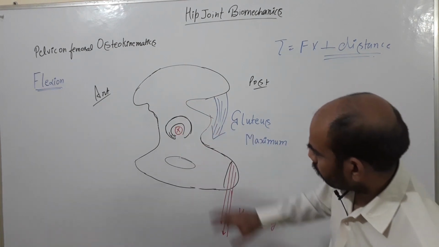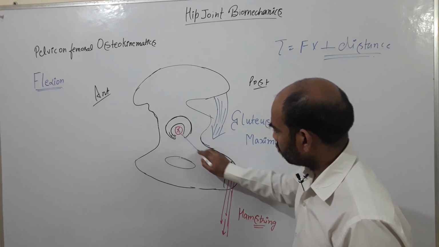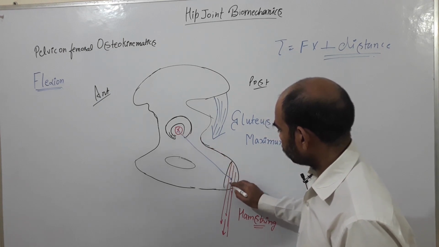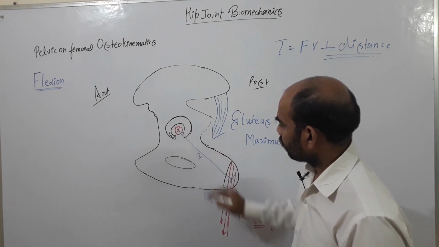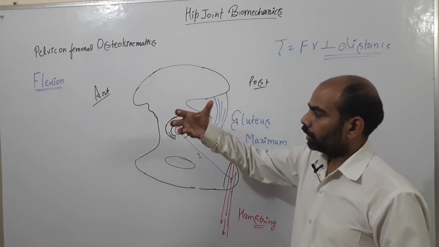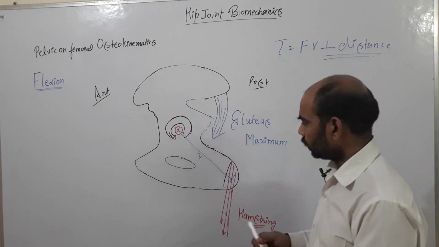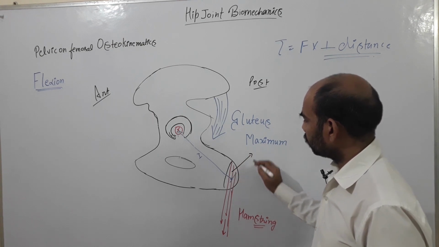So in this case, at first the perpendicular distance is this one, but when the pelvis rotates anteriorly, the hip bone rotates anteriorly and this ischial tuberosity moves upward and outward.